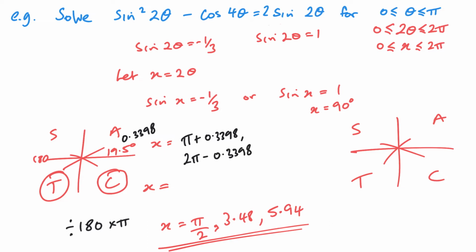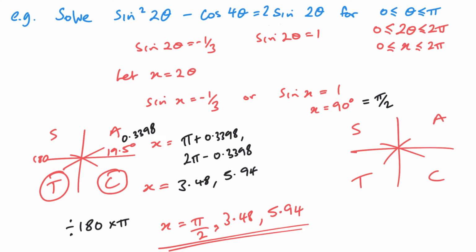Again, using the full value of your calculator. And that, of course, will give me my 3.48 and my 5.94, as I've already found. And then, of course, over here on the right, we know this is just pi by 2. This is 180 divided by 2. So you can go straight in terms of radians or in terms of degrees.